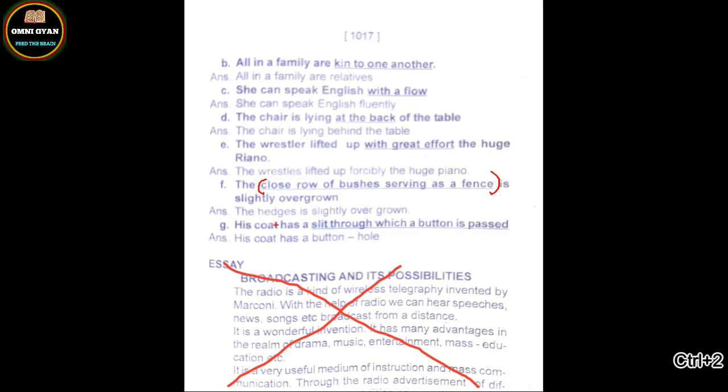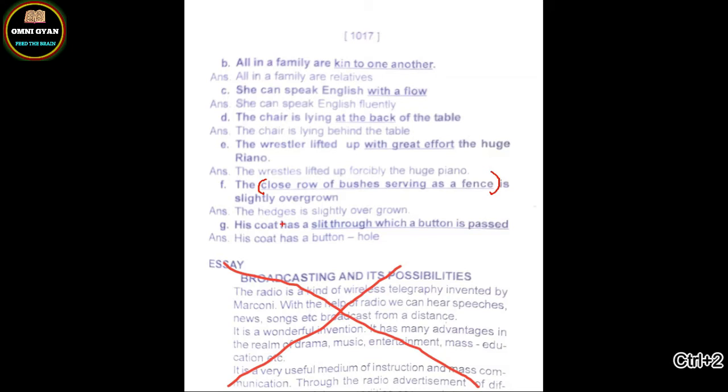Bushes are all planted together. Normally you'll see in houses that near their fences they have these bushes. Generally we see these in parks or maybe outside big hotels.